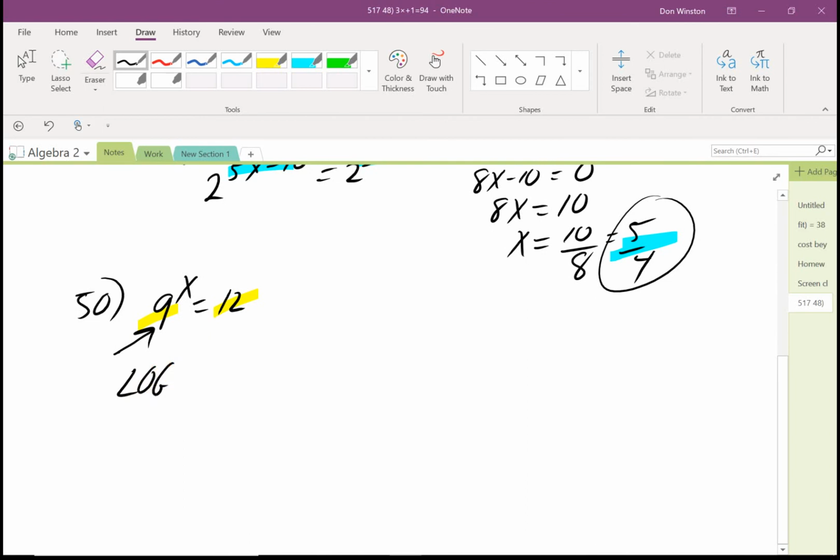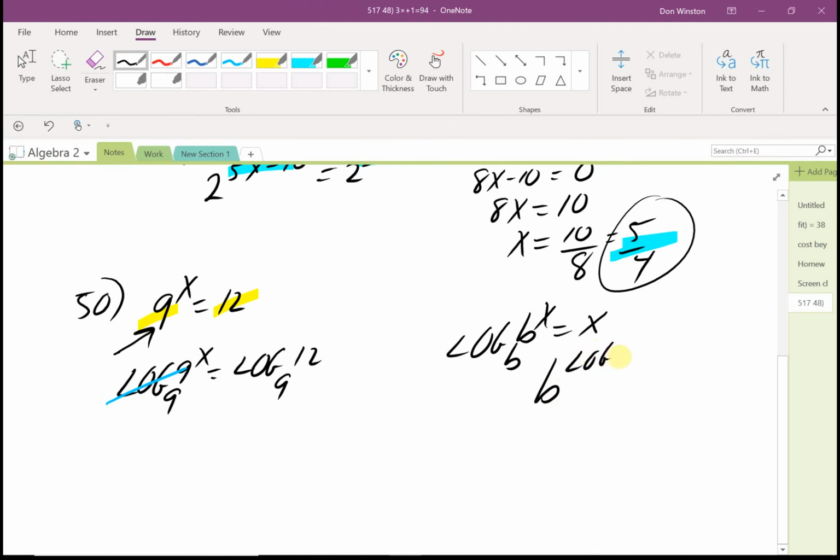So I'll wrap everything around log base 9 of 12. Doing that gets rid of that, because that's an inverse relationship, remember? Log base b of b raised to the x is x. Likewise, b raised to log base b of x equals x.